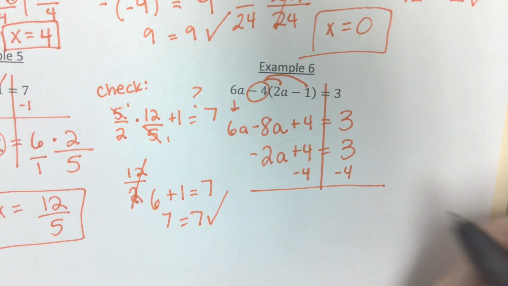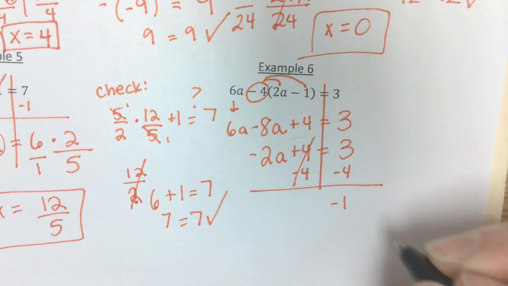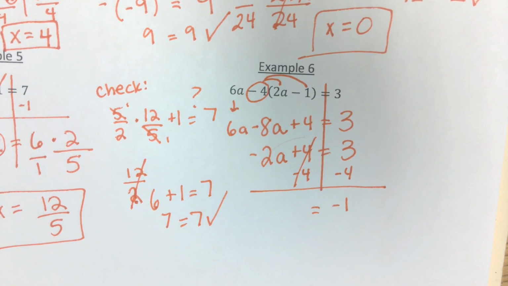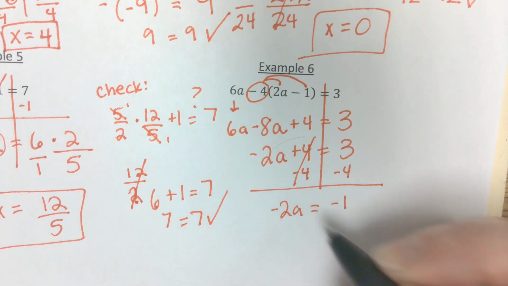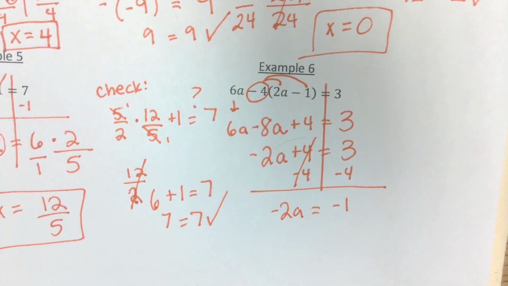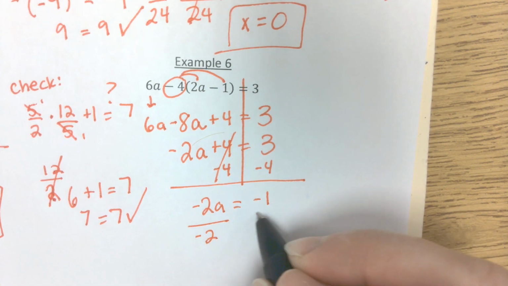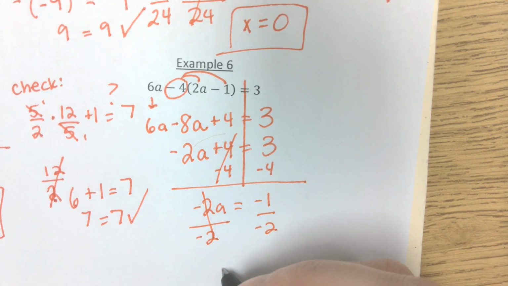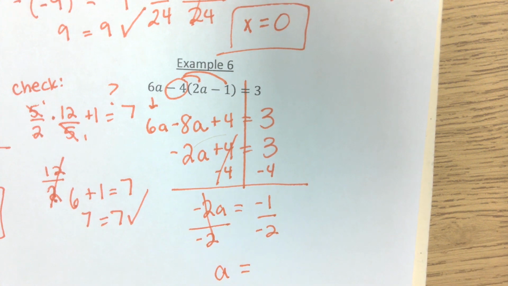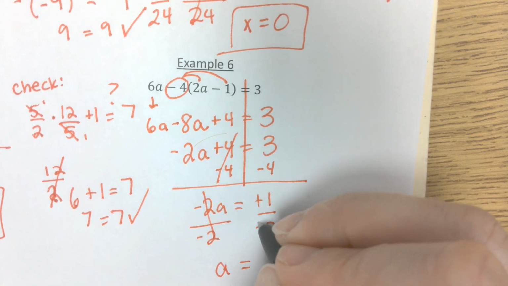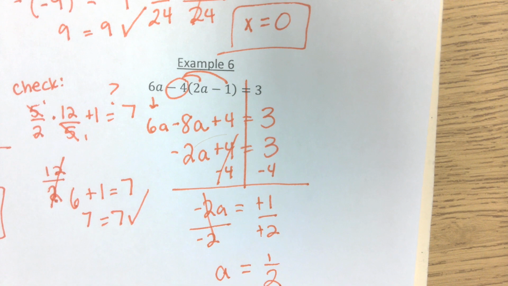Subtract 4 on both sides. I get -1. I get 2a. I'm almost done. We're going to divide both sides by a -2. A equals negative over negative actually becomes a positive 1 over 2.